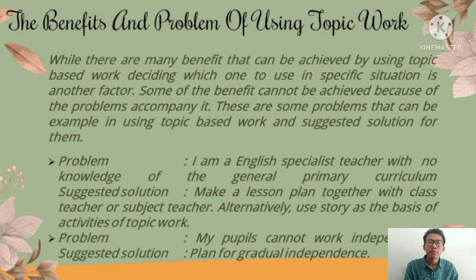The second problem, many pupils cannot work independently. So how about the suggested solution? Plan for gradual independence. Maybe in the first semester we have many sessions of instruction and so on, but plan for how they can be independent in communicating their ideas with their friends.